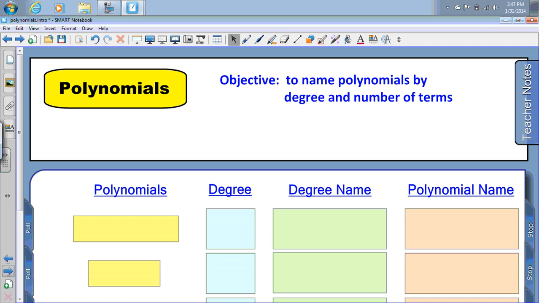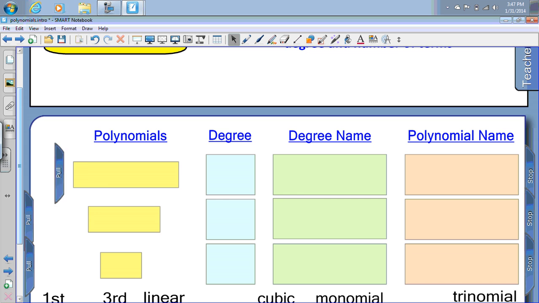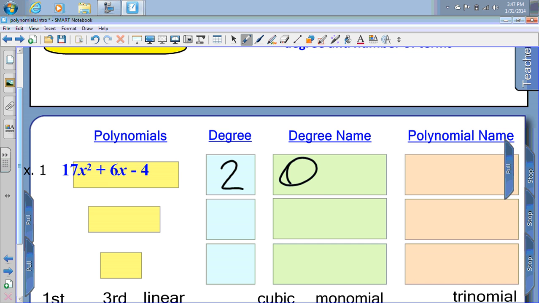Moving along, let's do some examples here. 17x squared plus 6x plus minus 4. What degree is it? 2nd degree. Okay? What is it? Quadratic. Okay? How about this one? 5x minus 3.